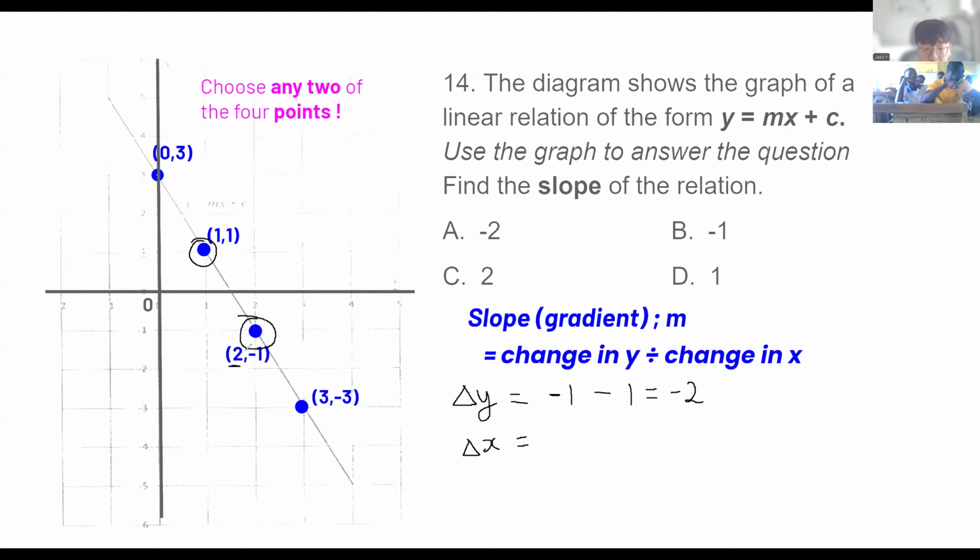The second point's x is 2, right? And the first point's x value is 1. So it is 2 minus 1, the second point's x minus the first point's x, and that is equal to 1, right?